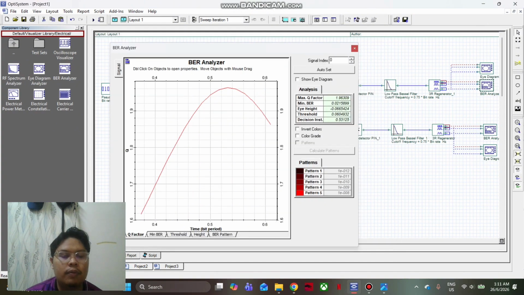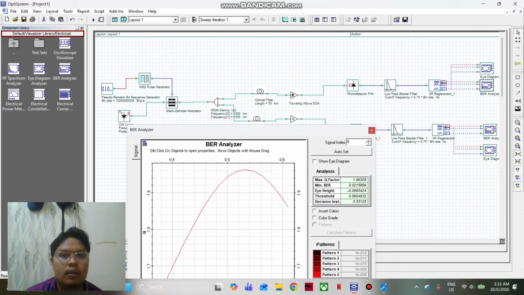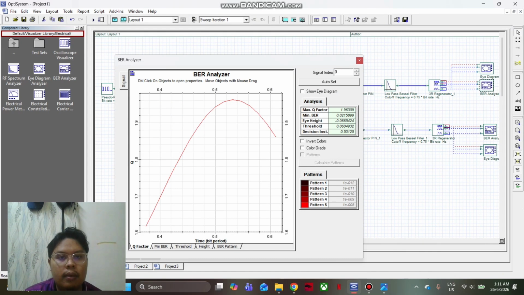Now for SOA, the BER analyzer shows max Q factor 1.96 and minimum BER 0.0215899.